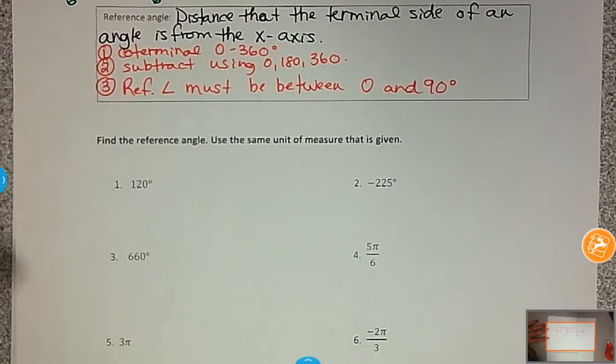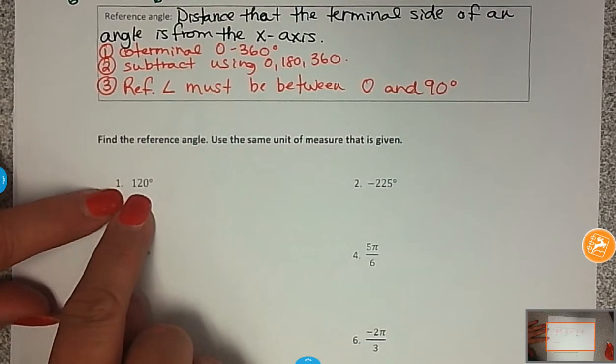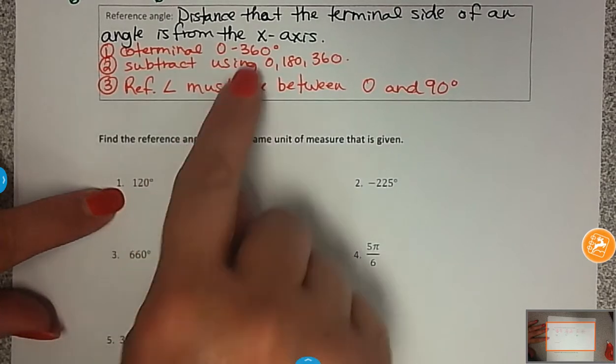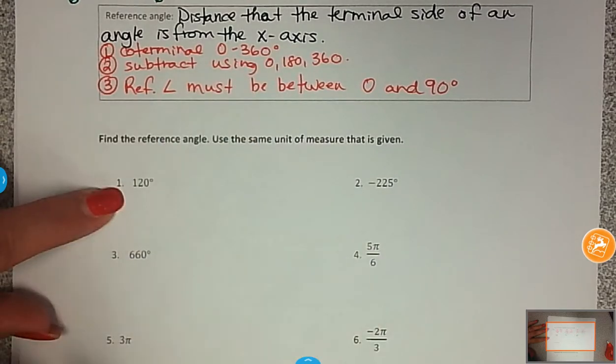Okay, so now let's take a look at 120. I want to find the reference angle for that. So first, is 120 between 0 and 360? It is, so I don't have to find a coterminal.